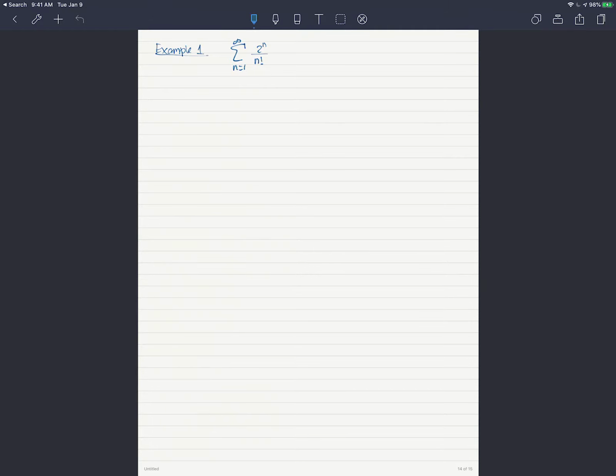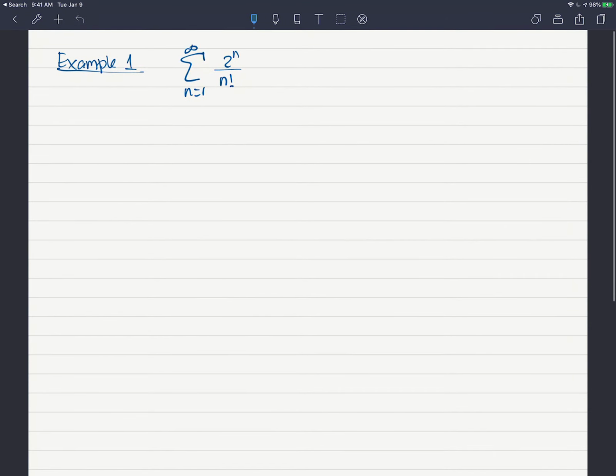But let's see one where we do get a conclusion. So how do we use this? I'll just tell you an example. So let's write this down. For example, if I want to do it on this one, to do the ratio test, all I have to do is find the limit when n goes to infinity of the absolute value.